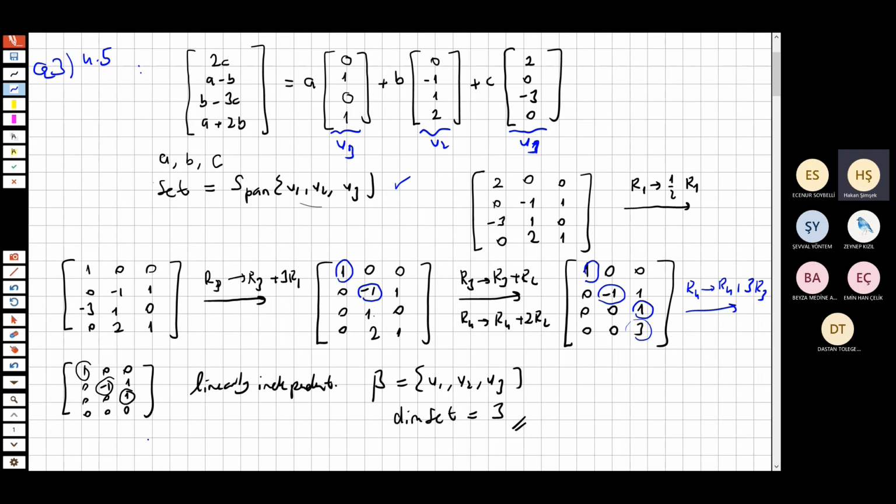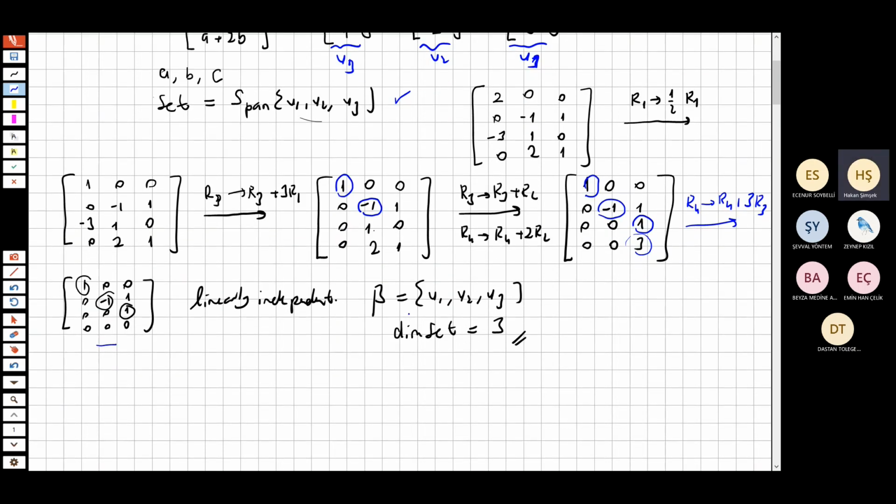Maybe you will reach the echelon form in 5 steps, 6 steps, and so on, because we have 0 here. Maybe you will additionally apply an interchange to get a non-zero number for the first entry. That's why I am choosing the third one, to reduce the steps.